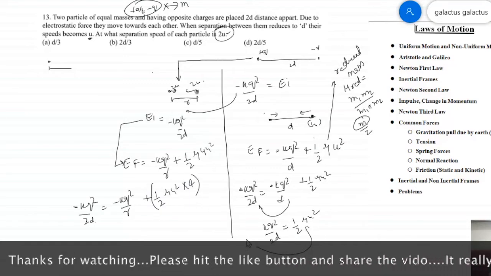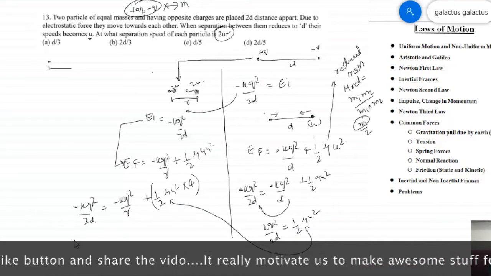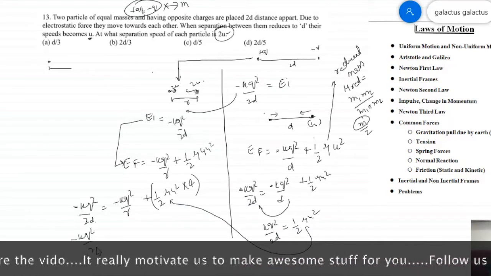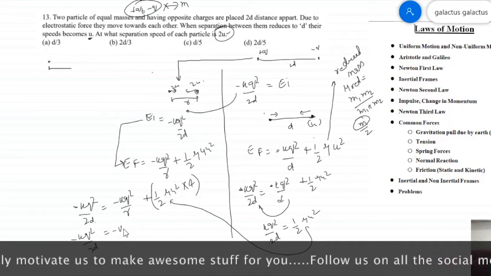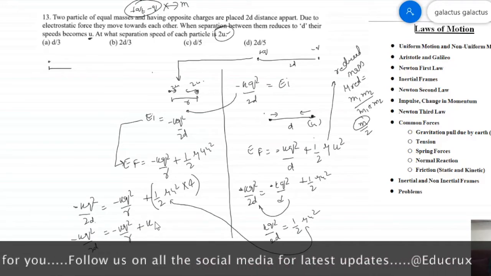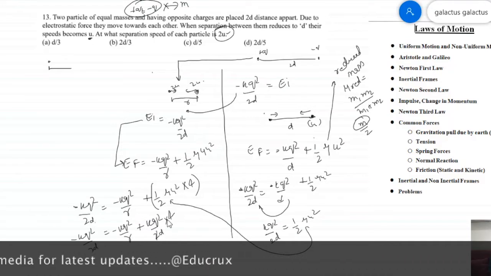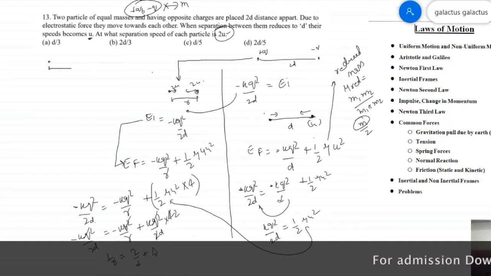So I can substitute the value of half mu u squared from above. I'll get minus kq squared upon 2d equals minus kq squared upon r plus kq squared upon 2d into 4. So q squared and k will cancel out and I'll get 1 by r is equal to 2 by d plus 1 by 2d.